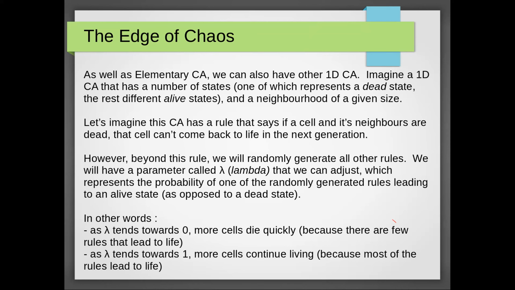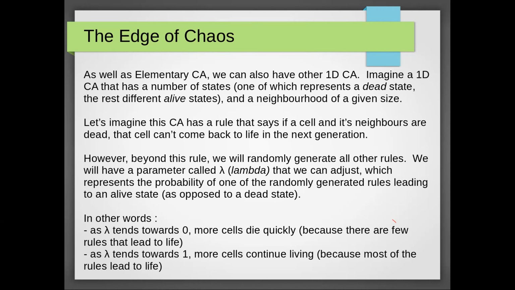Basically, what that means is you've got one fixed rule that says if it's dead and there's nothing alive around it, then it remains dead. But all of the other rules will be randomly generated, and we'll have a parameter called lambda that we adjust.